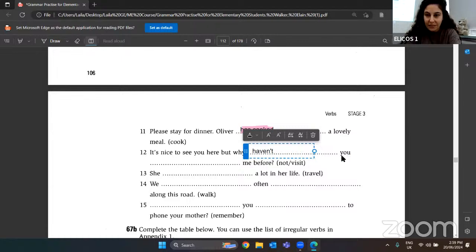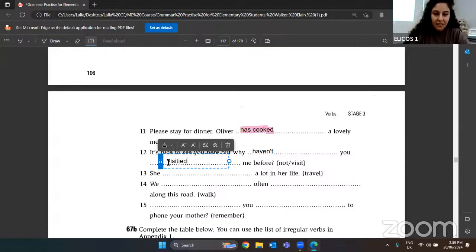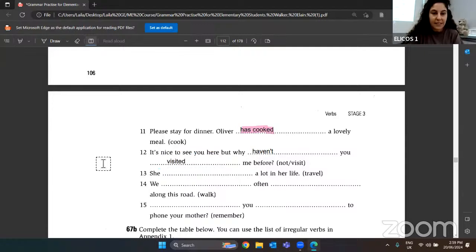So why haven't, because we've got the "you" and then "visited". Why haven't you visited me before? So it's a question starting with why. And then we need to make this a negative. Haven't. We attach "not". Why haven't? Subject, you, and then the past participle.